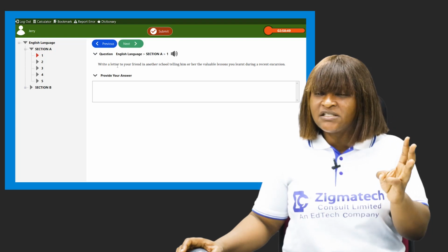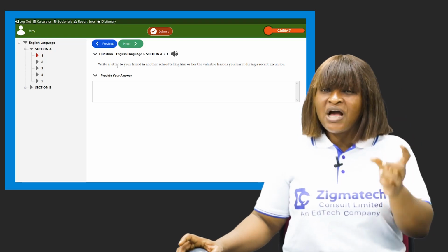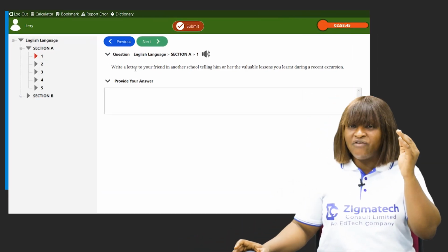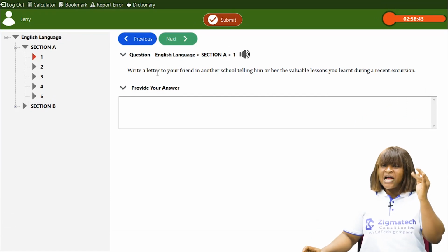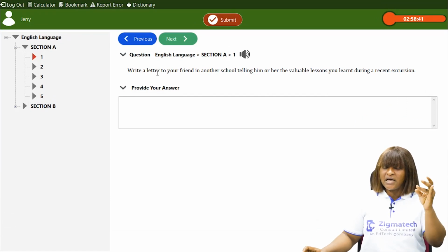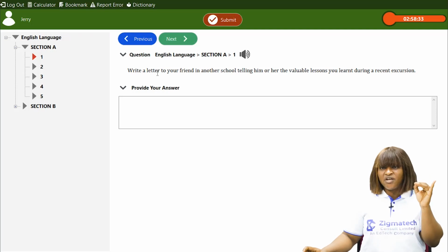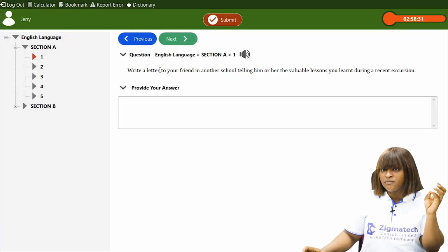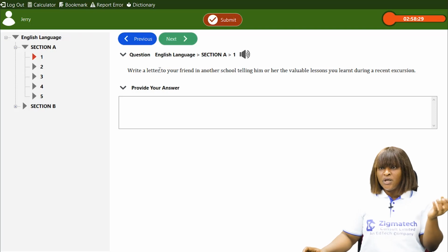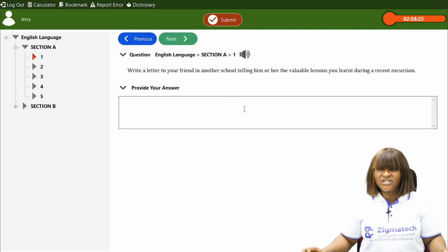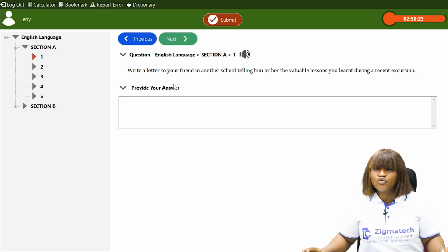You have your content, you have your organization, you have your mechanical accuracy, and you have your expression. So if you actually do justice to the body of the letter, there they will look at your content, there the mechanical accuracy will be taken care of, there also the expression will be taken care of. But what about the organization? You could miss out in that one if you fail to know the type of letter and the number of addresses or address to write.